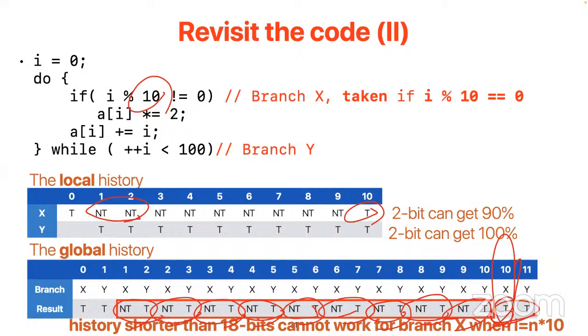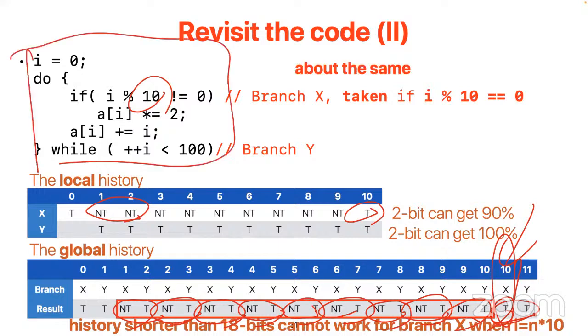So the global history 1 will still miss for this particular case. That's why, if you review the class question we have on this piece of code, we say the performance of these 2 predictors is about the same, because no one can do a good job on this rarely happening branch.